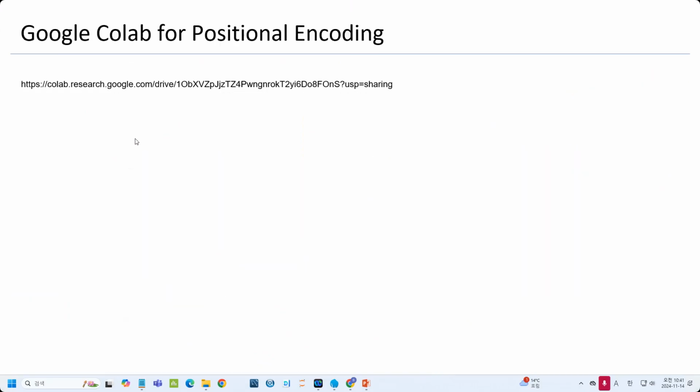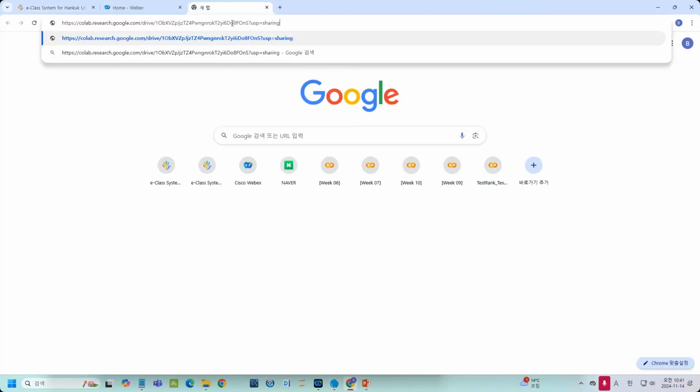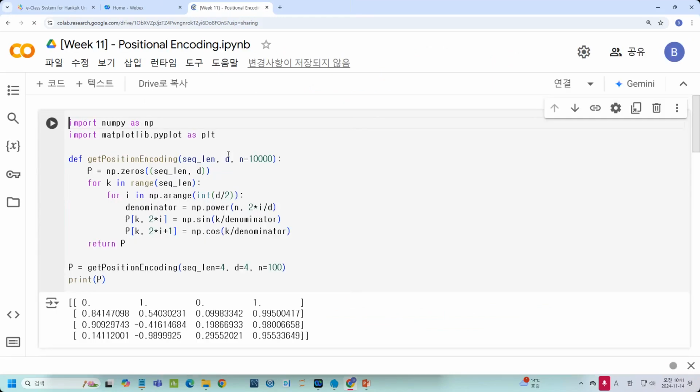I give you one piece of code to give more understanding of how positional encoding works. This is the code for getting the positional encoding.